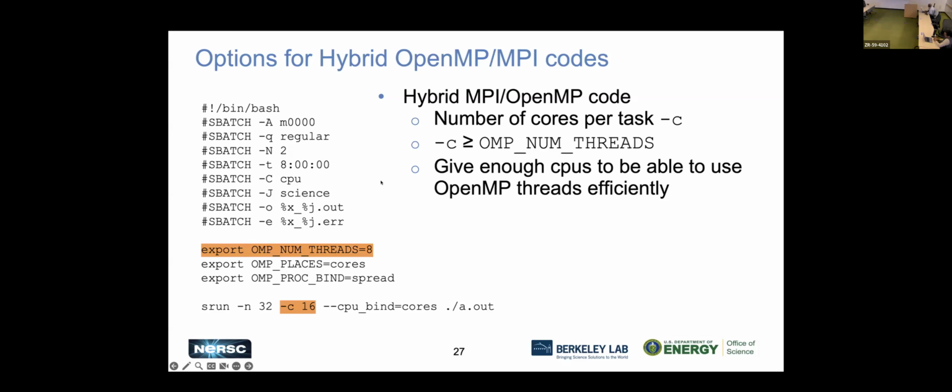A common option if you're going to be making use of shared memory across multiple nodes is hybrid codes of OpenMP and MPI. By a show of hands, who is aware if they are going to be using hybrid OpenMP and MPI application codes? Who knows if they're going to be covering hybrid OpenMP or MPI codes?